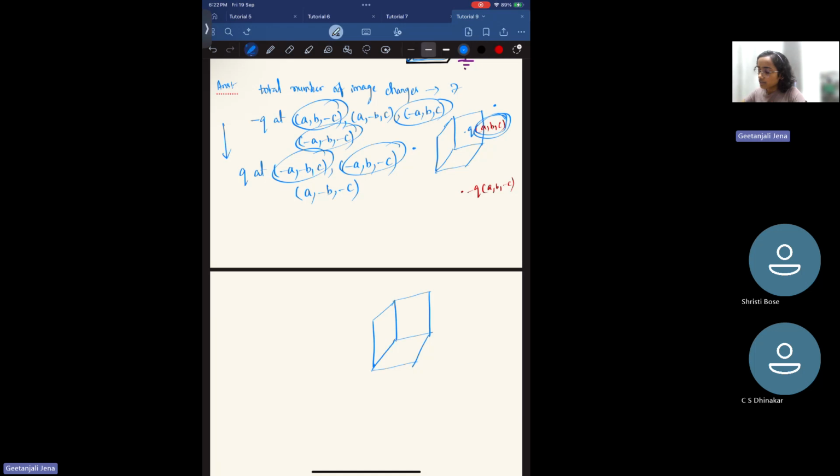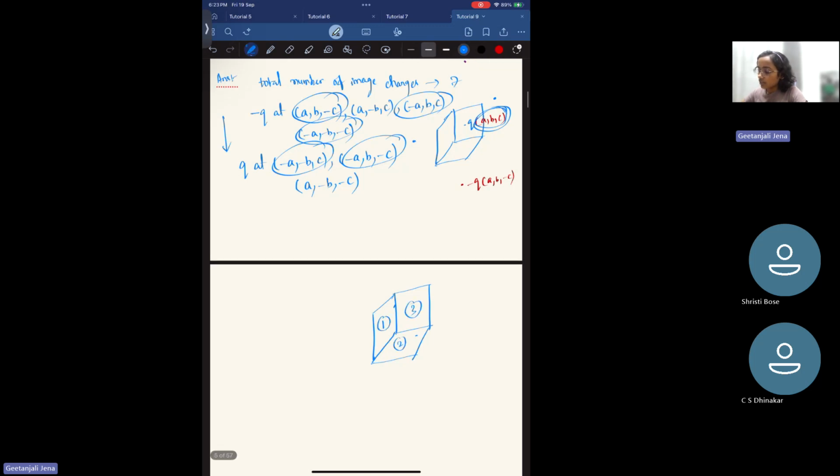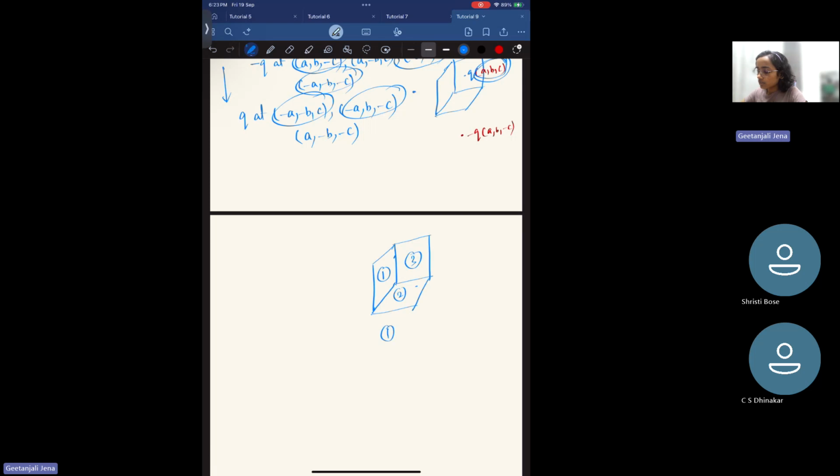You can consider this plane with this one, or this two, or this two. Let's say one, two, three. So the one-two planes are at right angle, the two-three planes are at right angle, and the one-three planes are at right angle.